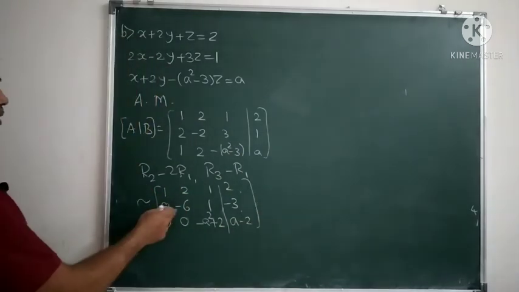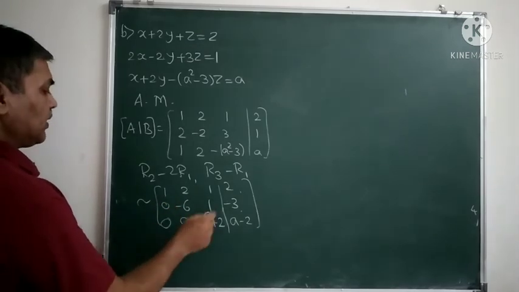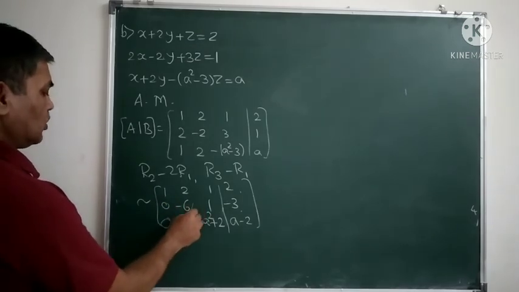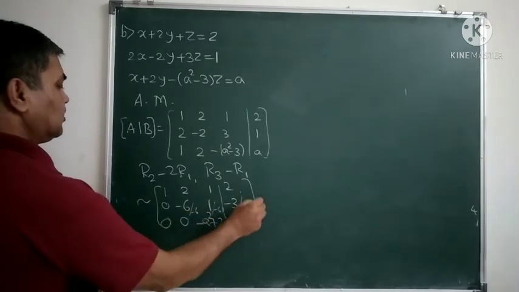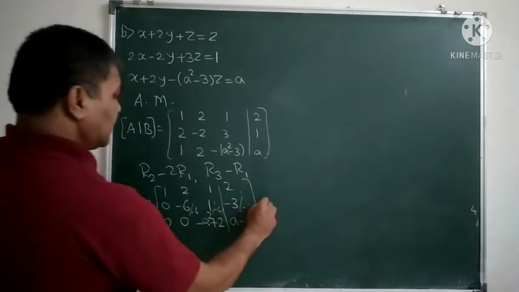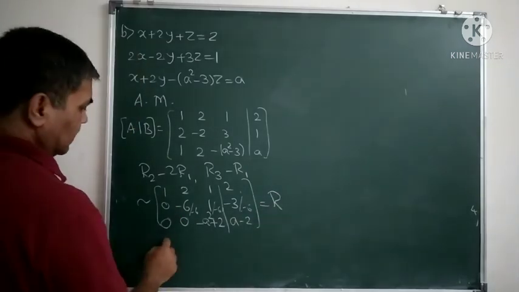Now by using minus 1 by 6 R2, this entry will become 1. So, you will take this as a row echelon form, okay.